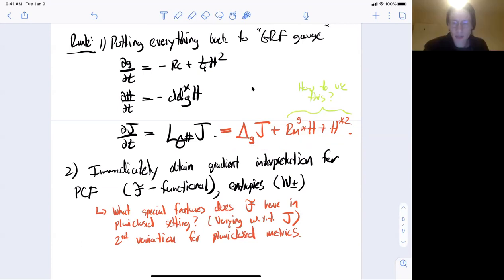What's the history of how the generalized Ricci flow was discovered versus the pluriclosed? Well, I can give you my point of view. As far as the math literature is concerned, there were some papers by math physicists pretty soon after Perelman's work.